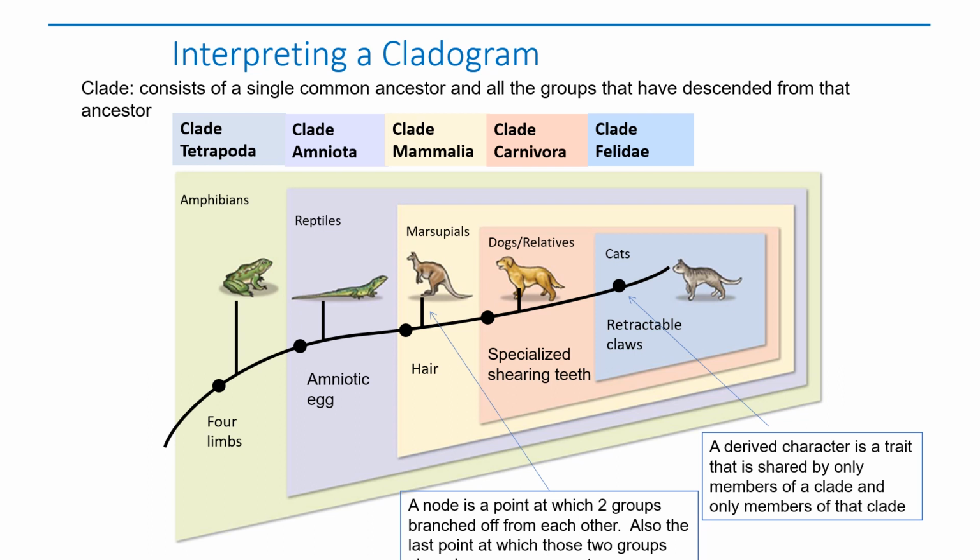Hair is something that is unique to the marsupials, the dogs, and the cats, and not the reptiles and the amphibians, where the dogs have the shearing teeth that is unique to the dogs and the cats, but not the other organisms, and then the retractable claws are unique just to the cat group.